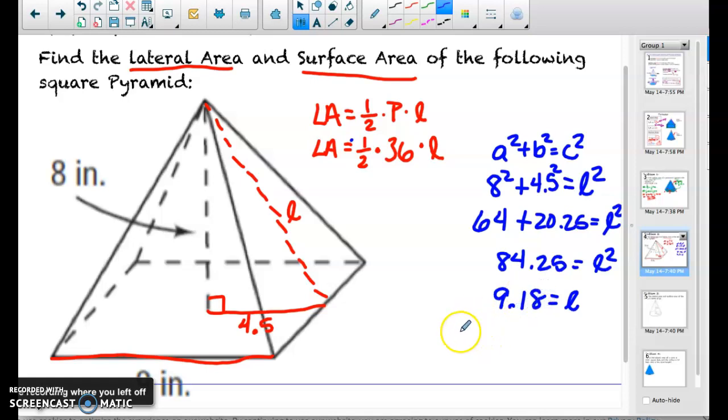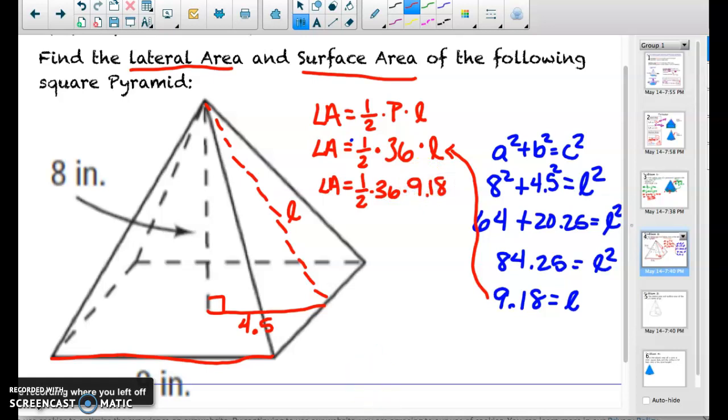There we go. So now I know this slant height, which is really the piece I needed to finish off this formula. So I'm going to plug in my answer up here. I've got my lateral area is 1/2 times 36 times that 9.18.